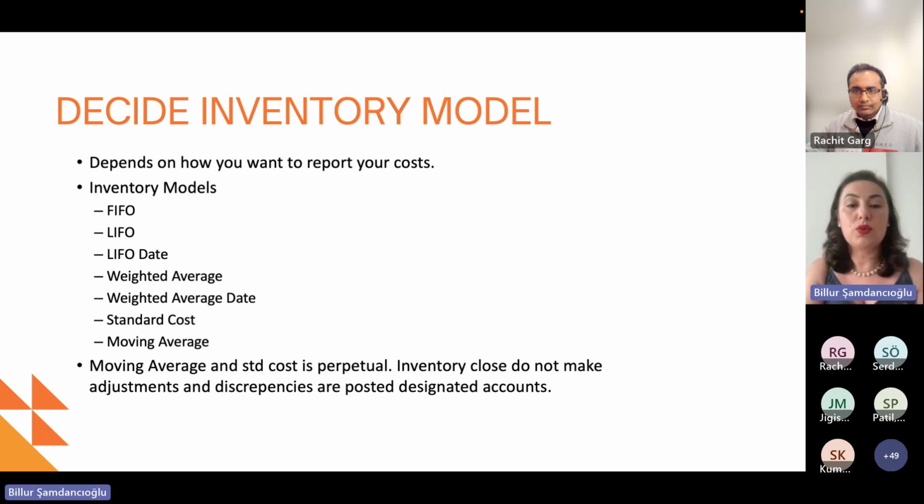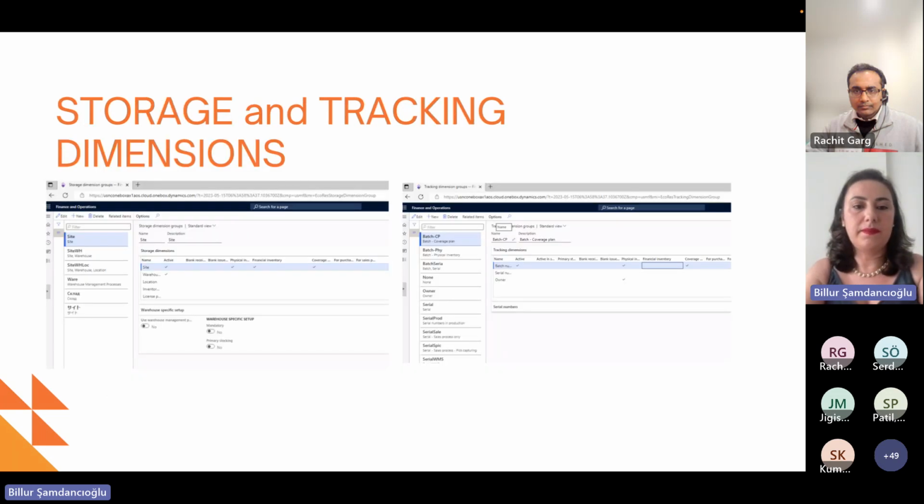So inventory closing, which I'm going to show you later, does not make adjustments and post the discrepancies to the designated accounts, right? So even though standard cost and moving average do not create any corrections and adjustments, in the end, it's also advised to use the inventory closing procedure for that purpose.